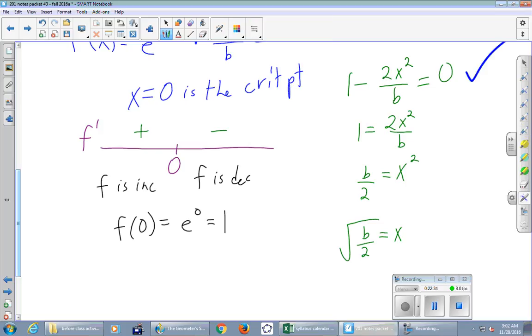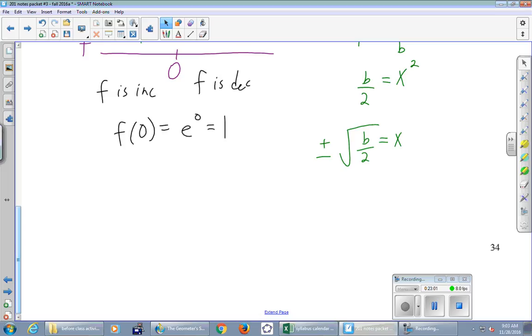Should have 2, right? Because of the square. Whatever that highest power is, that's how many solutions you have. Troy? Yeah, it's really easy to forget. When we take the square root, we've got to put in the plus or minus. Okay, so I think we're good there.